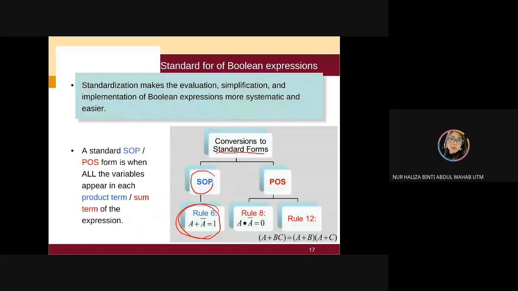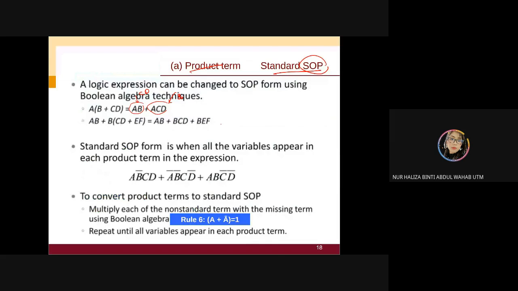Applying the rules number 6 repetitions, and then you will get the final product for your standard SOP. Try to do it and let's take a look whether you get it or not.